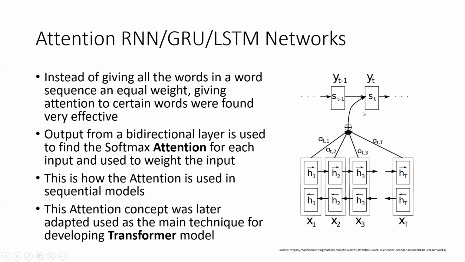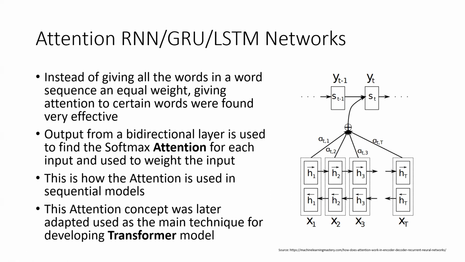So we are actually assuming that all the words that we are giving into each time step are equally valuable. That is what is meant by giving the same weight, right?